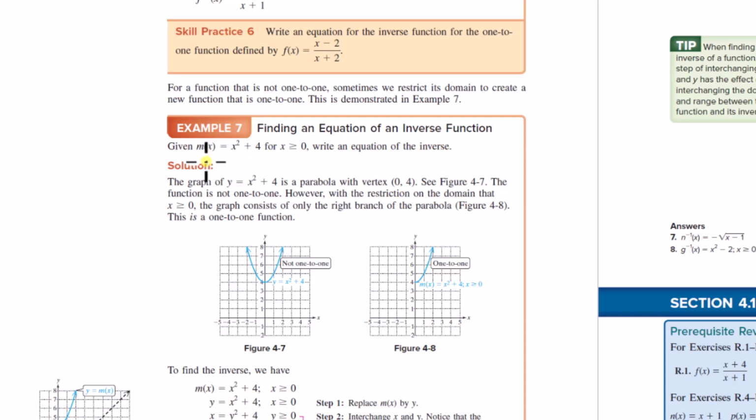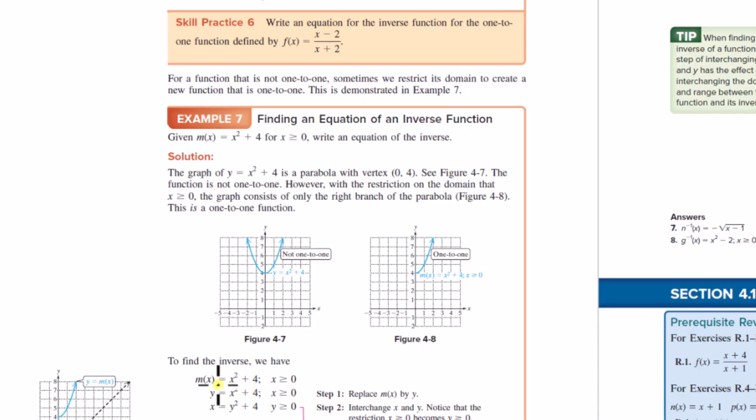So yeah, m of x is equal to x squared plus 4 doesn't pass the horizontal line test. But if you restrict the domain to x is greater than or equal to 0, it does pass, it is a one-to-one function. Okay, so there's x squared plus 4, but it's not one-to-one. But here with that restriction, it is one-to-one.